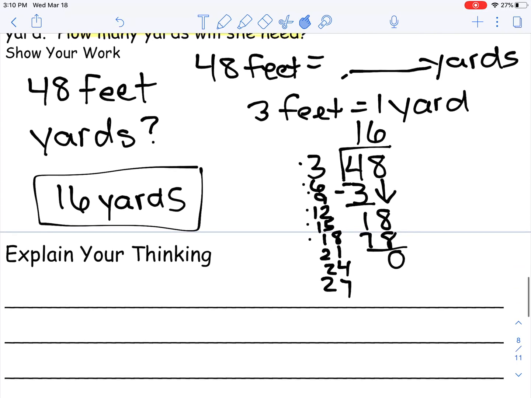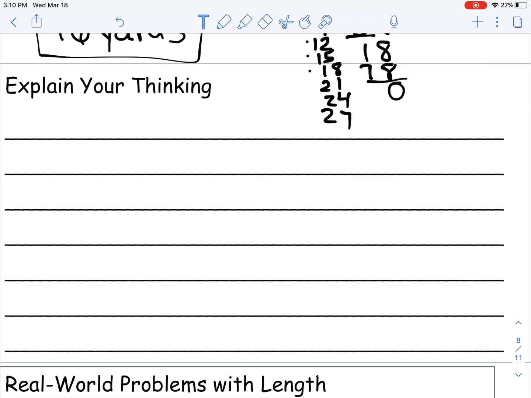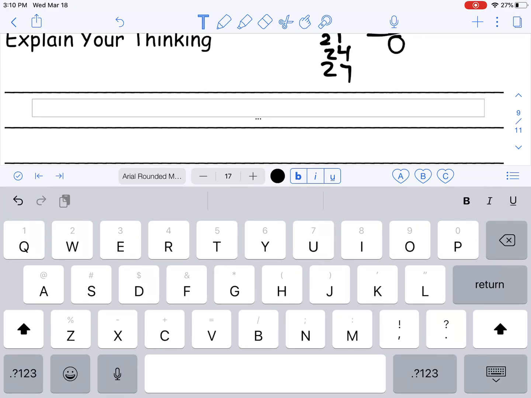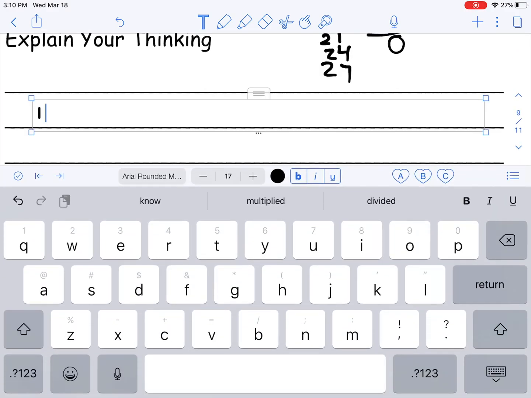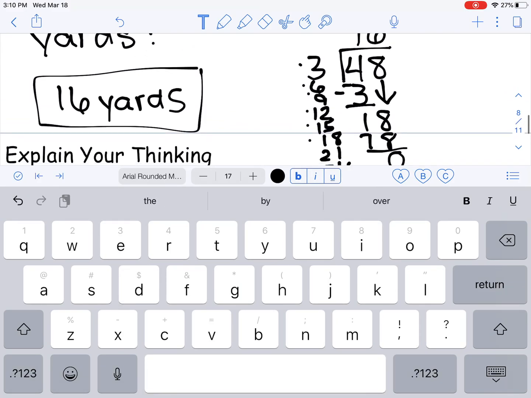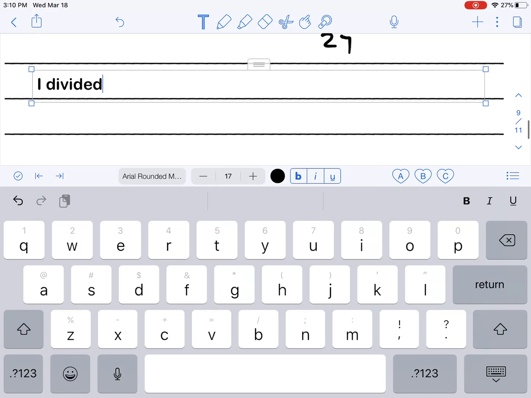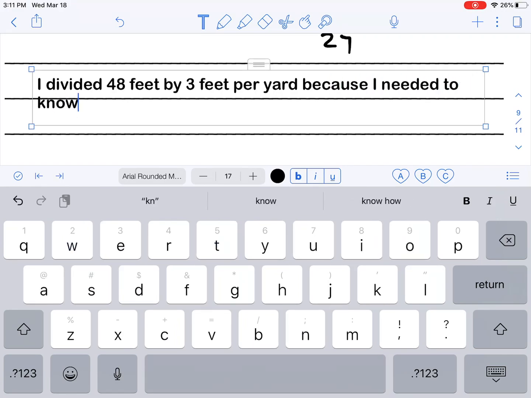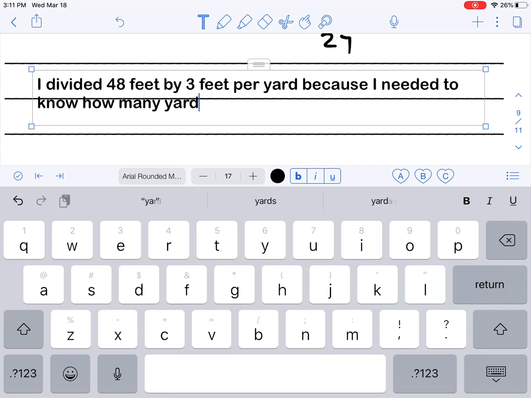So let's explain what we just did. It was a conversion problem, but our strategy for explanations will still work even for conversions. So I divided 48 feet by 3 feet per yard because I needed to know how many yards of fabric Sarah needed.